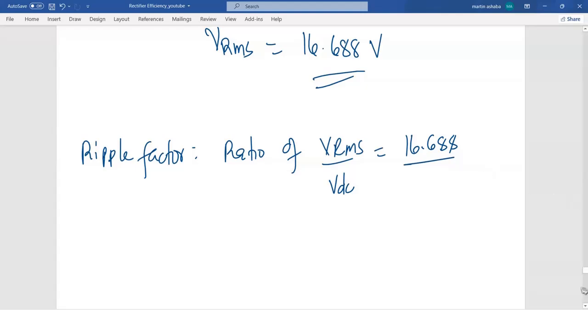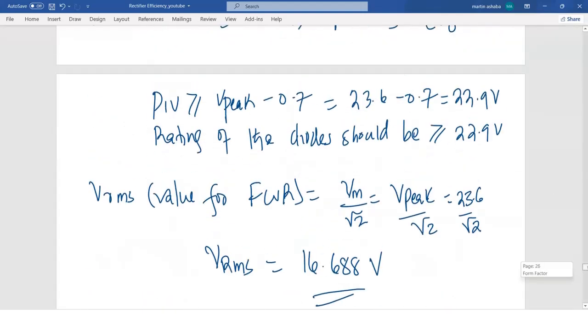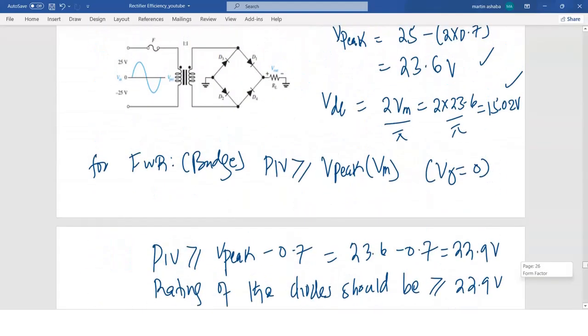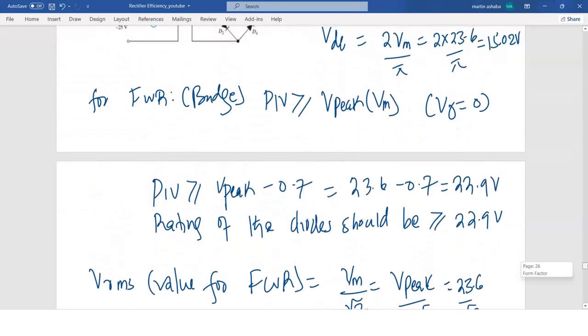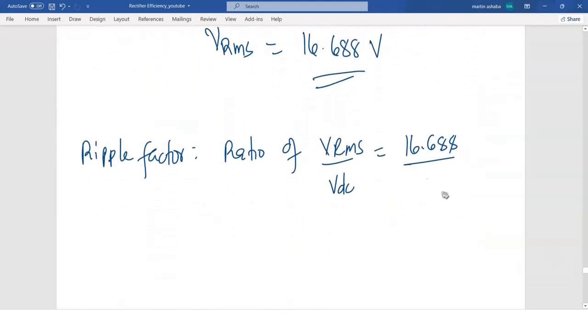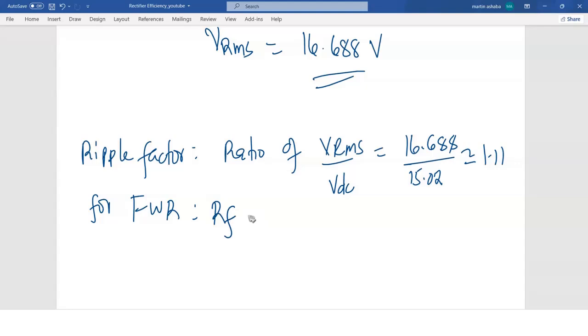We divide it by the VDC, which is 15.02. If you get 16.688 divided by 15.02, we get around 1.11. So for full wave rectifiers, we already know that the ripple factor is 1.11.